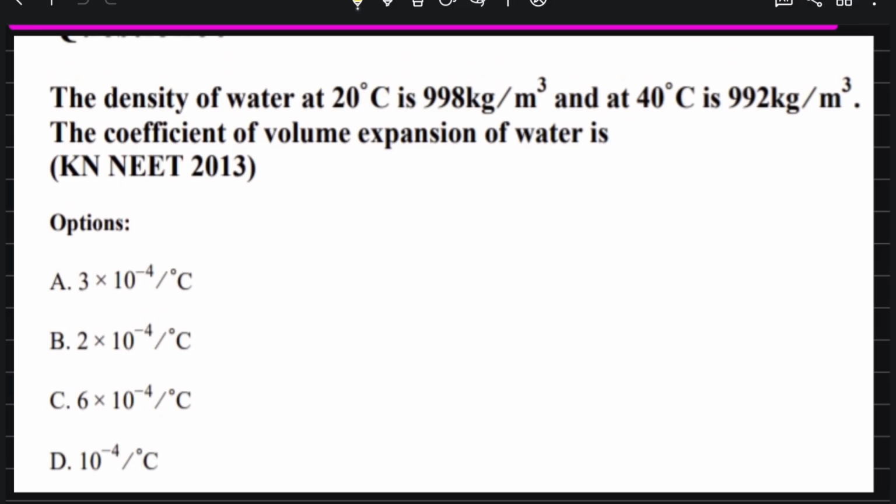Now I proceed for the next question. This is our question, Karnataka CET 2013.